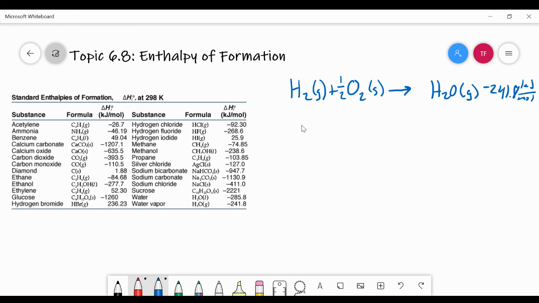So let's look at another compound, methanol here. You'll notice methanol, it says the enthalpy of formation is negative 238.6 kilojoules per mole. So what does that mean?